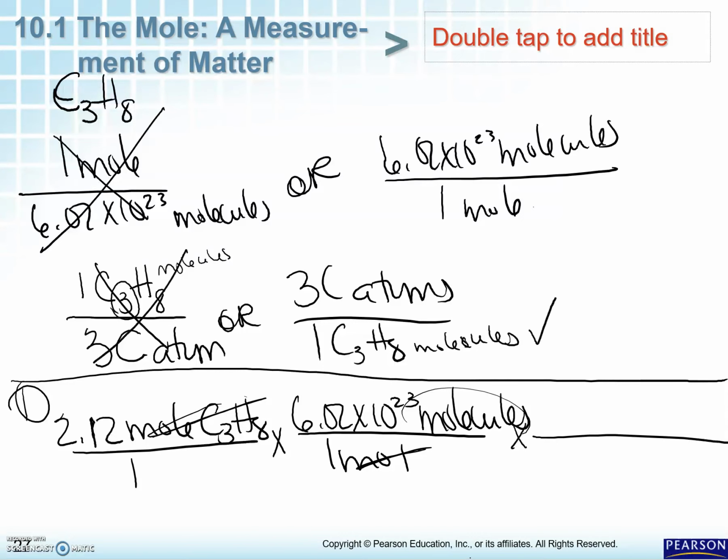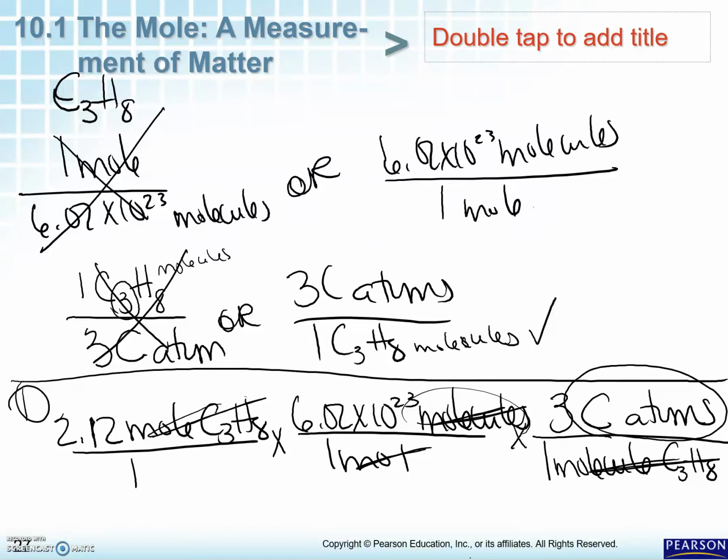So we will use our second one, where we have 3 carbon atoms over 1 molecule of C3H8. That's going to cancel out those units and leave us with how many atoms of carbon we have. Once you do all of that, you get 3.83 times 10 to the 24th atoms of carbon. We're going to do the exact same process, except go to hydrogen next.